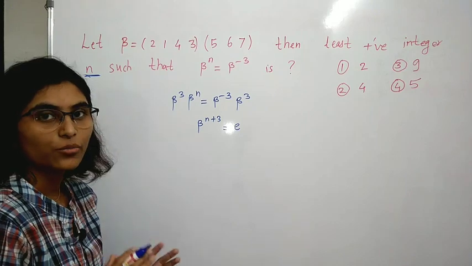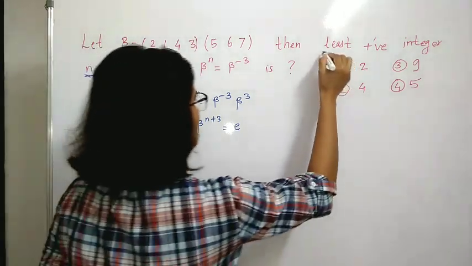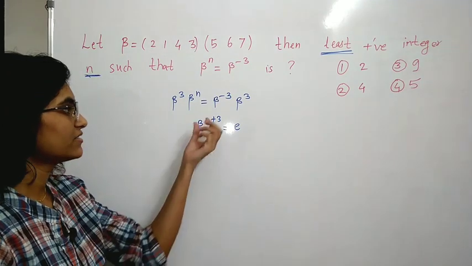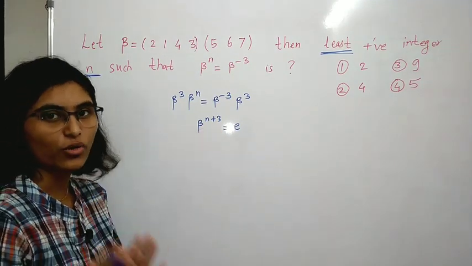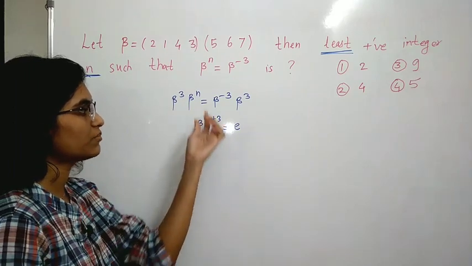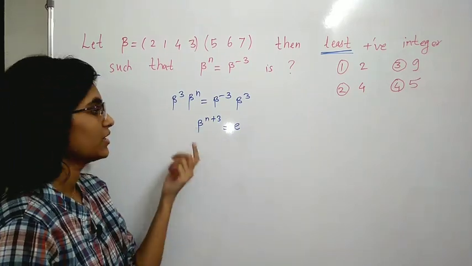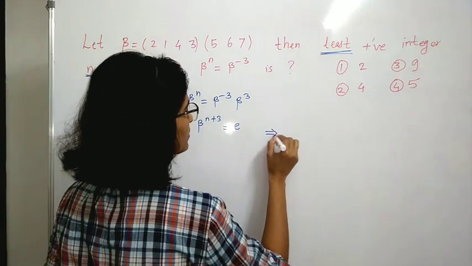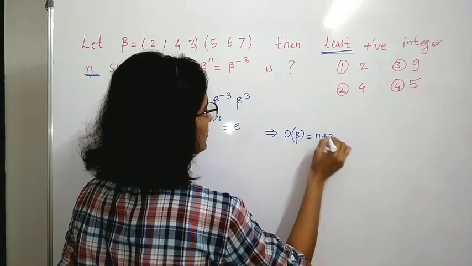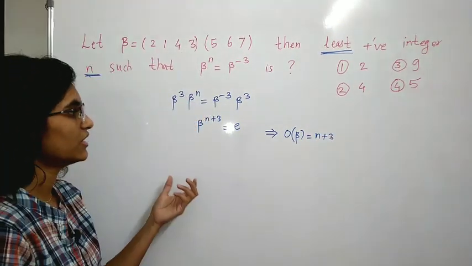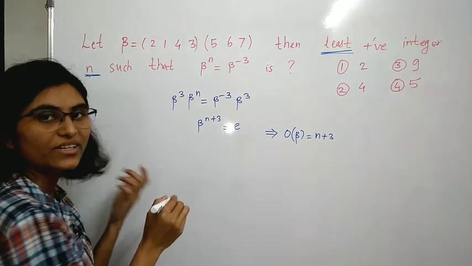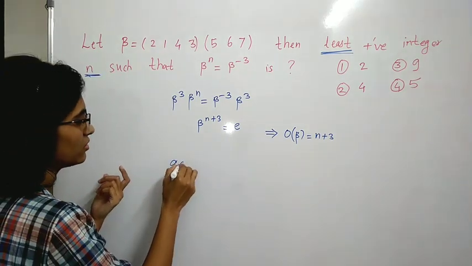Now, what is important here? This n is the least positive integer. So n plus 3 is also the least positive integer such that beta raised to n plus 3 is identity. So this means the order of beta must be equal to n plus 3. Let us just recall the order of an element. What is the order of an element A in the group G?